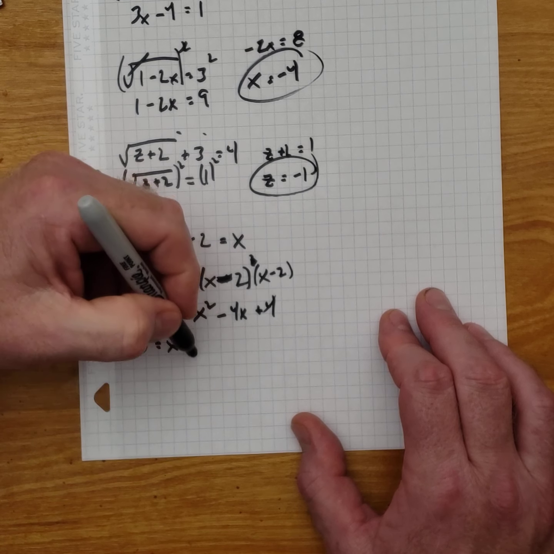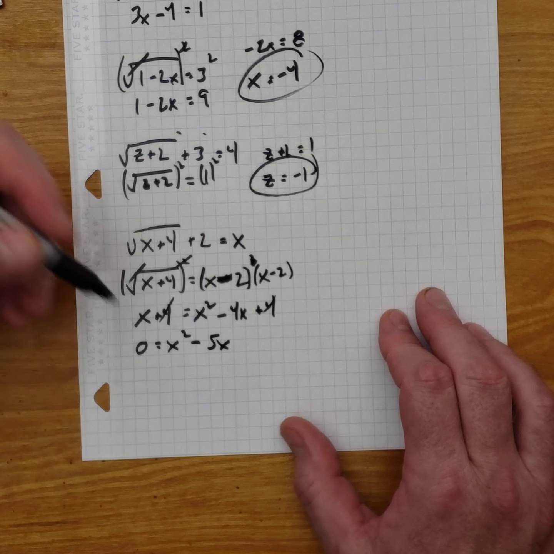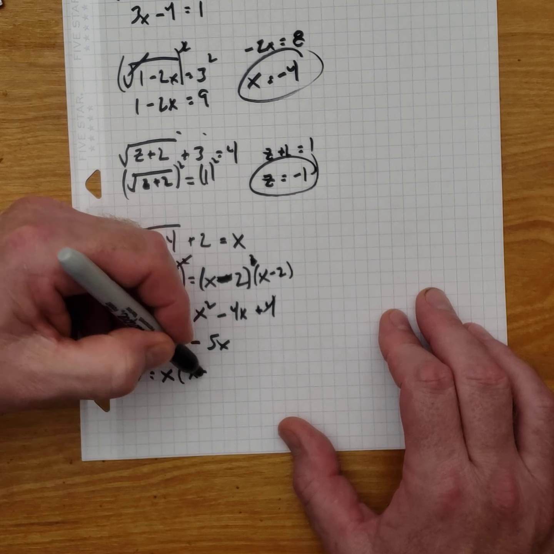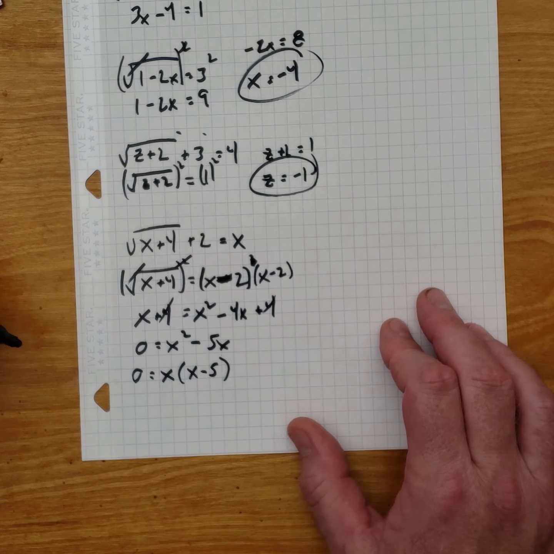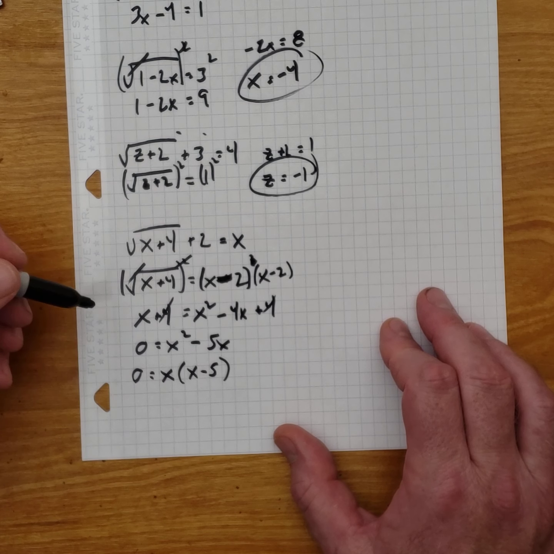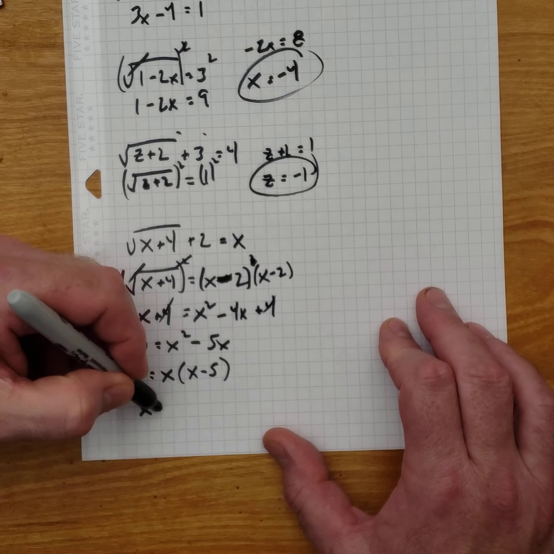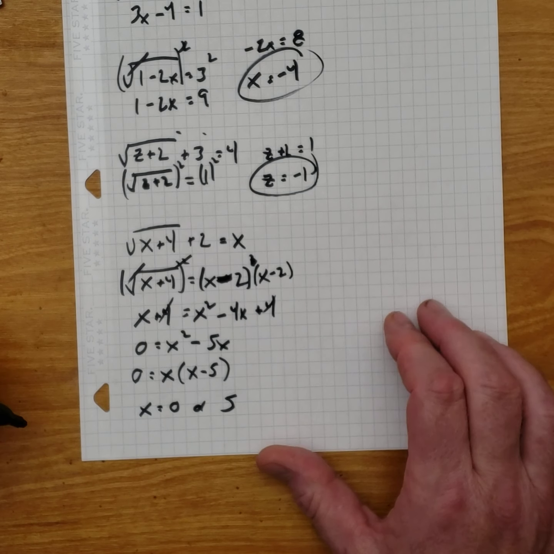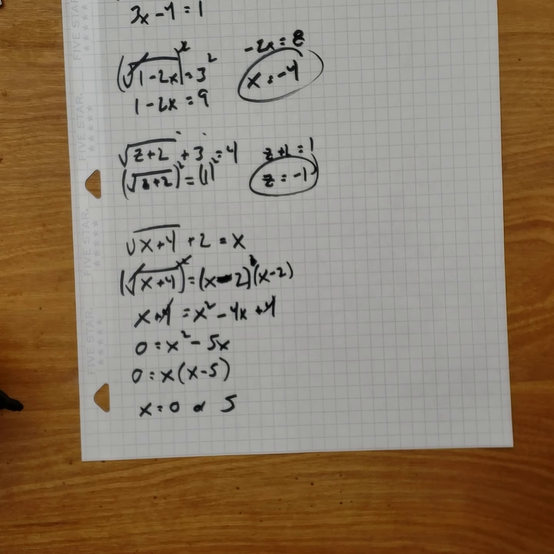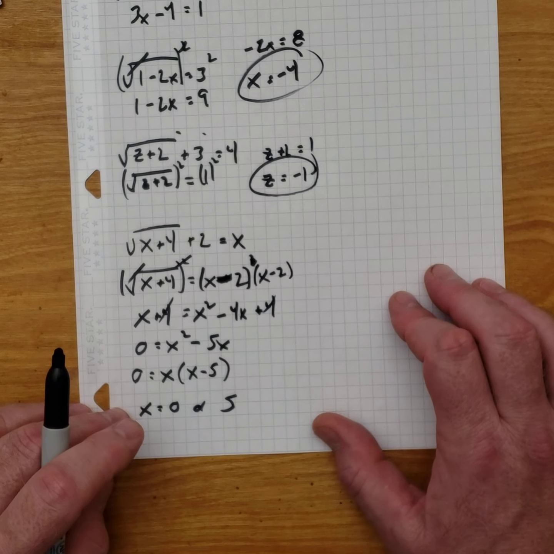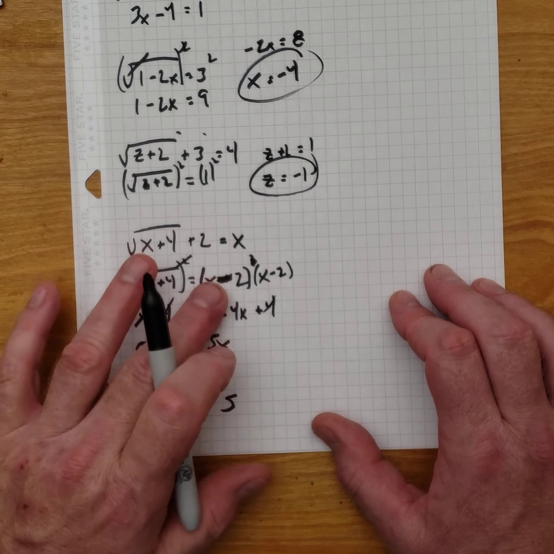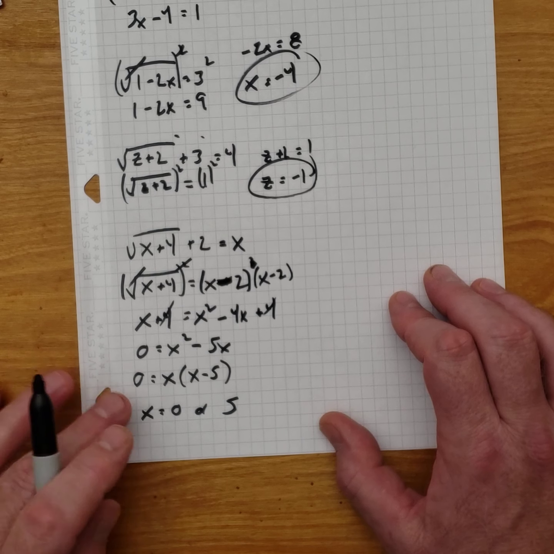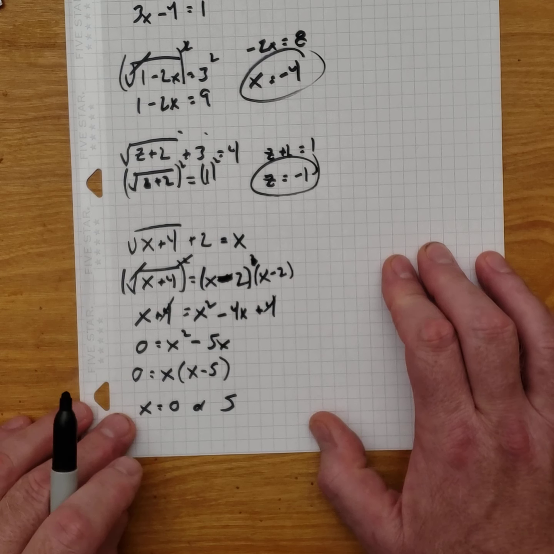What we're subtracting, so that's going to be minus 5x. And then that factors to be x times x minus 5. Set each of those equal to 0 and solve, and we get x is equal to 0 or 5. It's a little bit more work when we've got an x over on this side along with the number that we have to FOIL out. We get a quadratic that we then can solve by factoring.